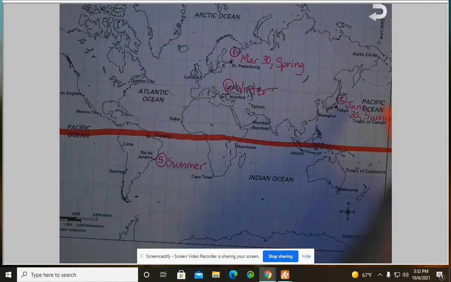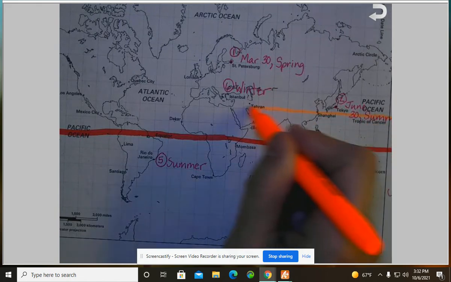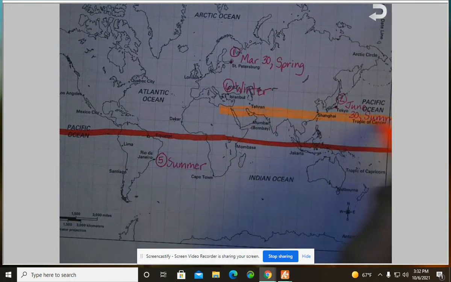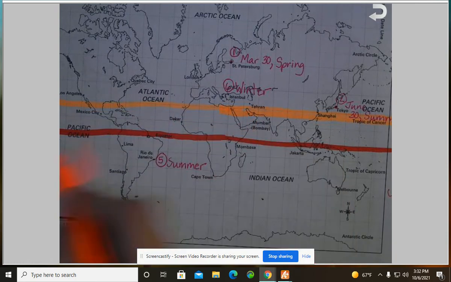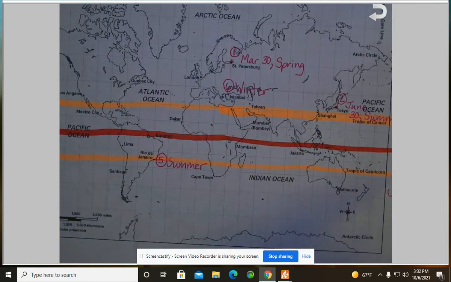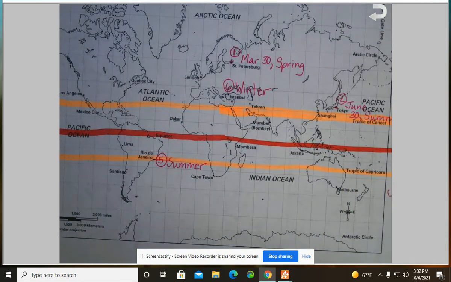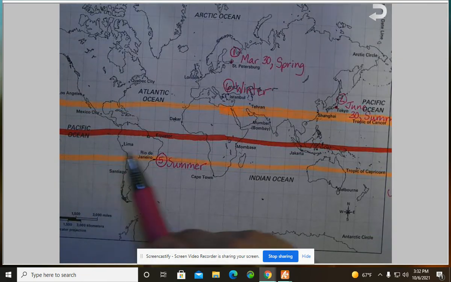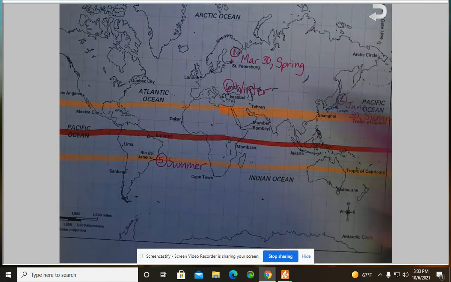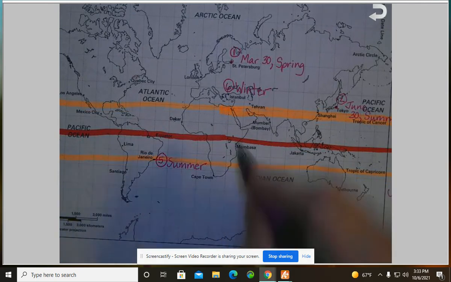So we're going to highlight this line and this line for our tropics. So we're going to look at the cities that are in these zones.